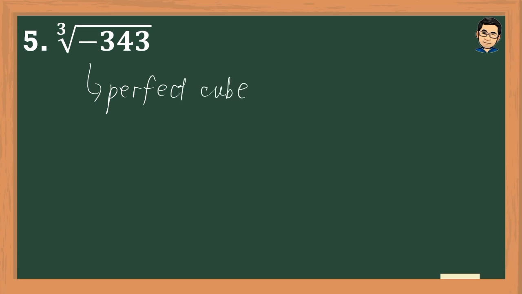So rational po. So ano po ang sagot sa cube root of negative 343? That is negative 7. Because if we multiply negative 7 3 times, the answer is negative 343.